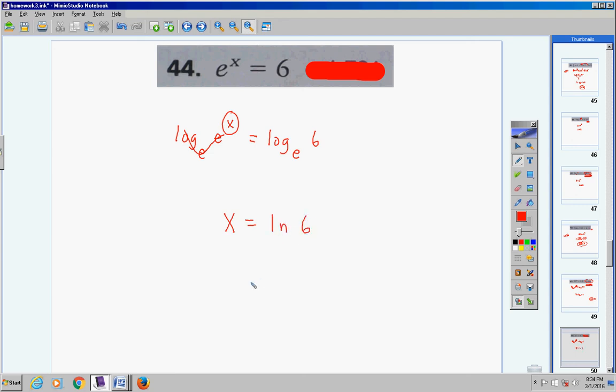So with your calculator, type in natural logarithm of 6, hit enter, and you'll get 1.79175946. We're going to round to 3 decimal places. 1.79. That should be a 2 right there, actually. If you round correctly, that should be a 2. But I'm not that picky about that kind of stuff. Now, you don't have to check your answer because our original problem was not logarithmic. So this is your answer.